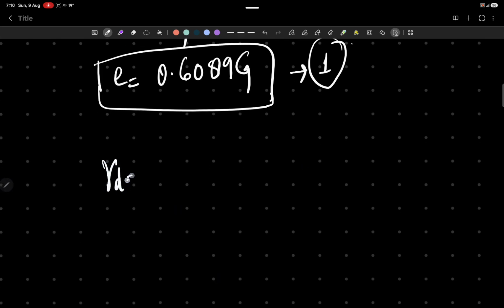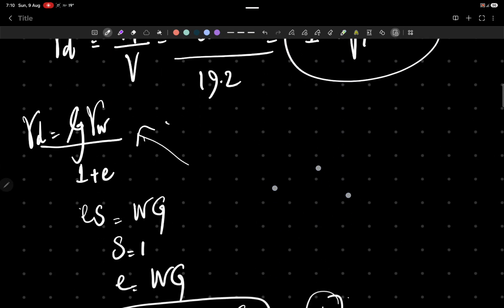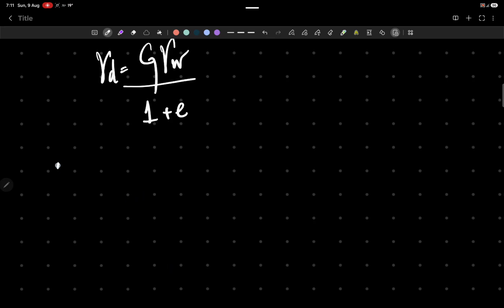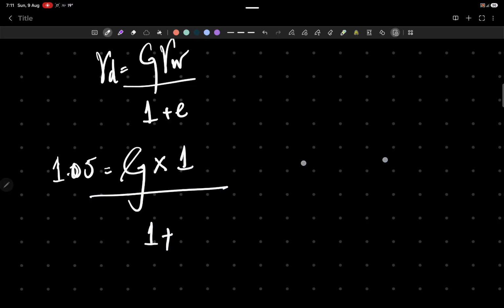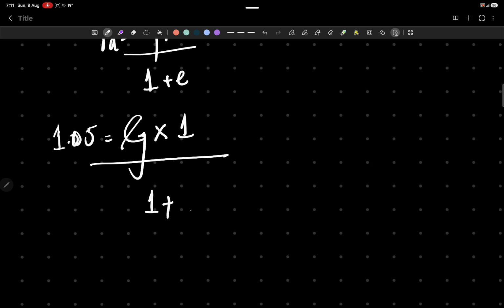Dry unit weight is G gamma w over 1 plus e. Dry unit weight, as we have calculated, is 1.05 grams per cc. So 1.05 equals G, which is what we need to find, times the unit weight of water, 1 gram per cc, divided by 1 plus e. We know e, will substitute the value from equation 1, that is 0.6089 G.